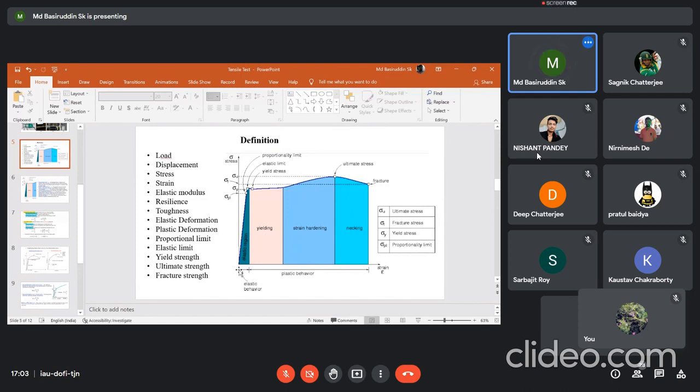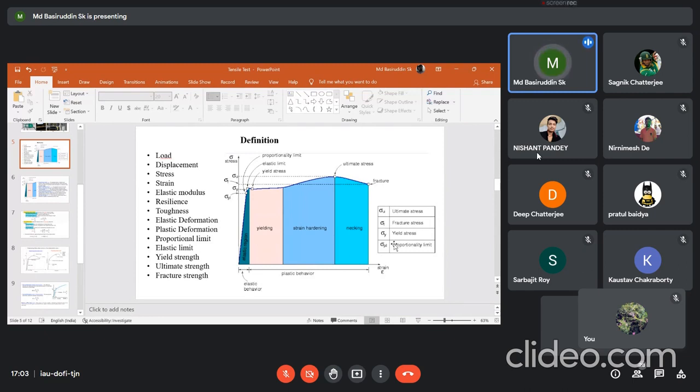Sometimes they take the weighted average of ultimate tensile strength and fracture strength. But if you are able to measure the true area under the curve, then you will be able to calculate the true toughness value of a material.